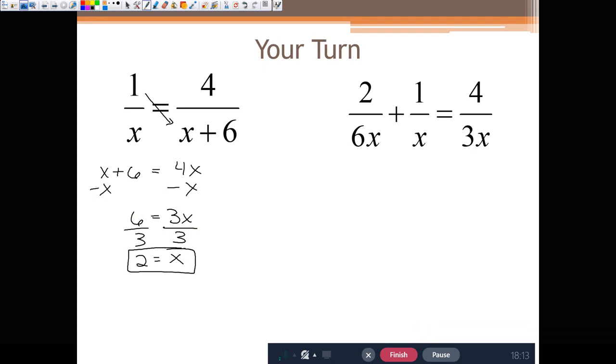Alright, however, the next one I do not have a lovely proportion here, so I have to come up with my least common denominator. So let's look at our coefficients first. I have 6 and 3. So using 6 and 3, what would be my least common denominator there? 6. So I'm going to multiply everything times 6. I also have an x in every single equation, so I'm going to multiply everything by 6x.